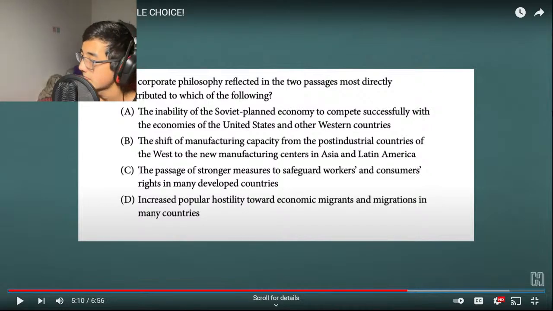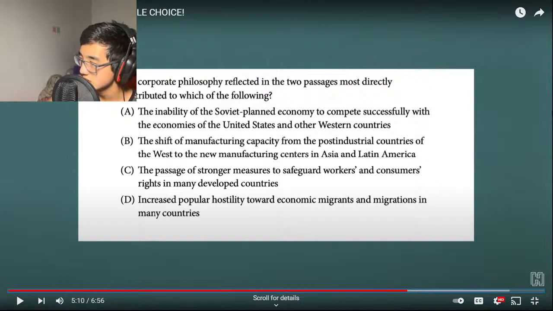Again, the philosophy. So for the first passage, the philosophy was to go on an uncharted, or not uncharted, but like an island that's not owned by a nation, as said on the top.